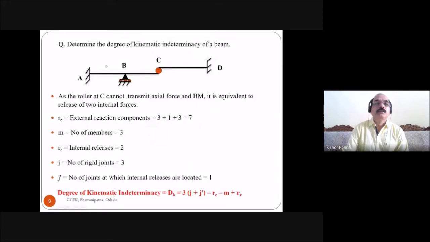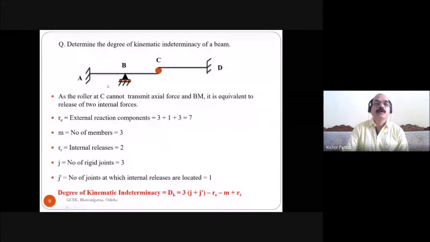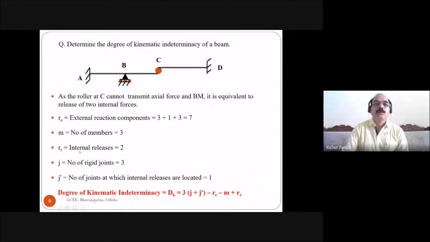Then look at this figure. Determine the degree of kinematic indeterminacy of the beam. This is fixed support A, and this is also fixed support D. And this is an internal hinge, and here you have to take 2 releases for this member and for this member. 2 internal releases here, and the number of members is equal to 1, 2, 3.